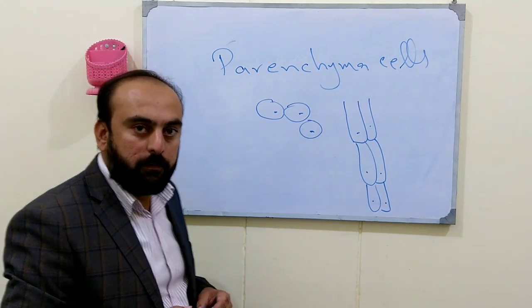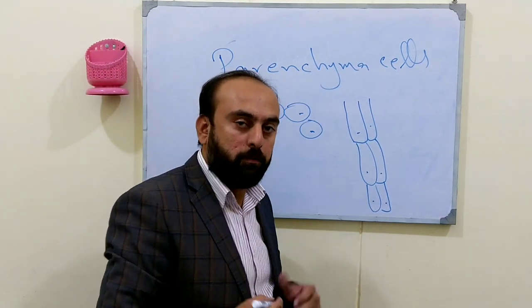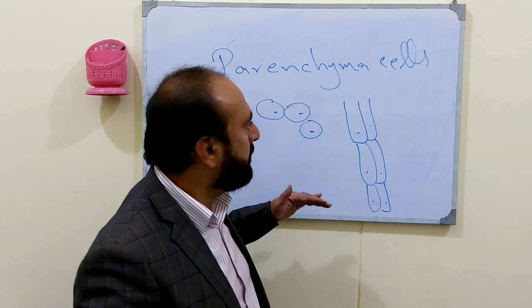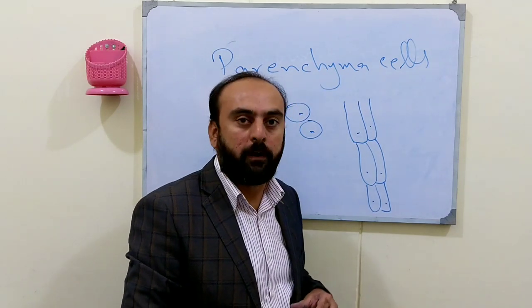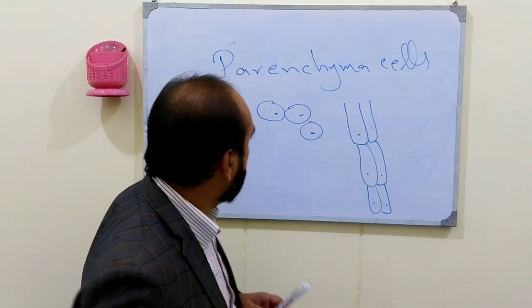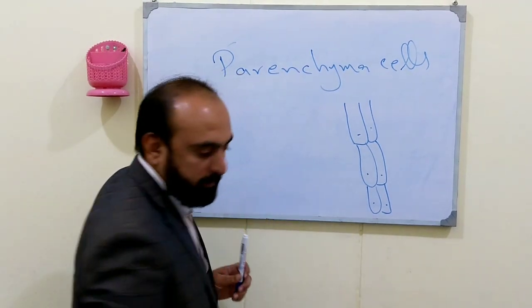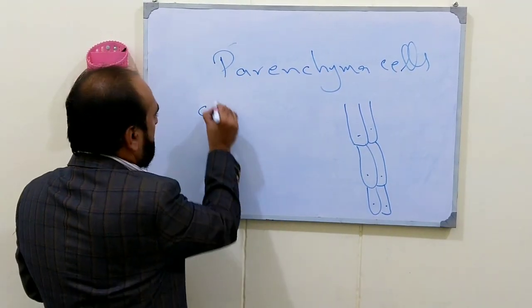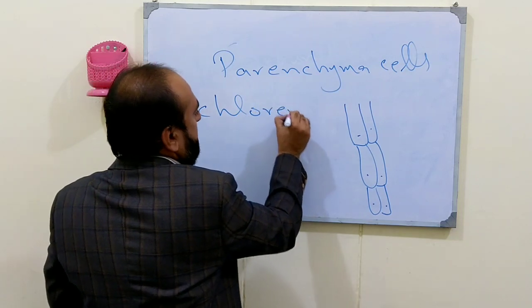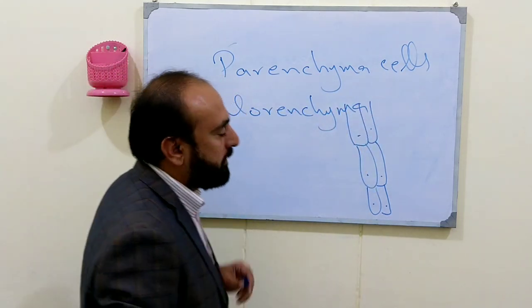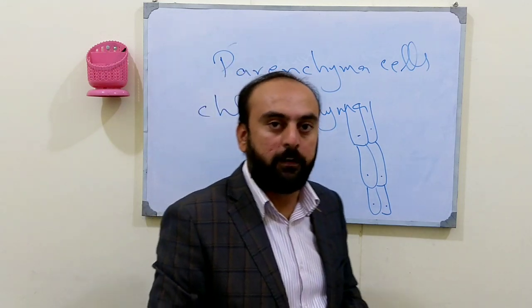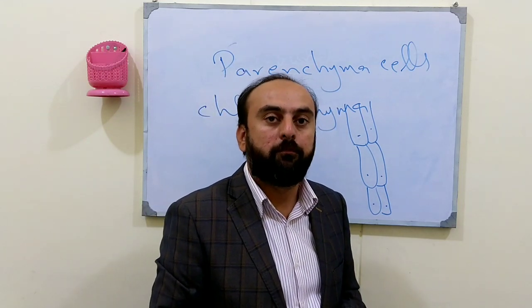They have many important roles to play in plants, and they make up the bulk of the plant. So they are found in all plant organs. For example, in leaves, they are called chlorenchyma cells. This is a specialized form of parenchyma cells which contain chlorophyll, and they are responsible for photosynthesis.